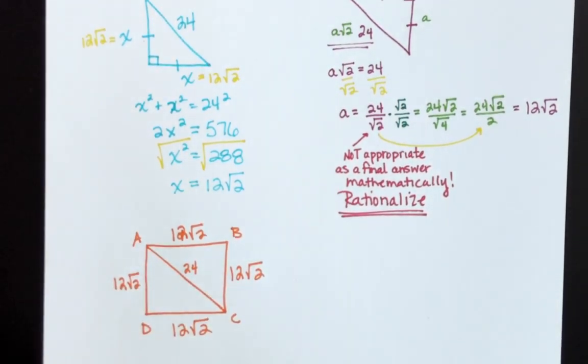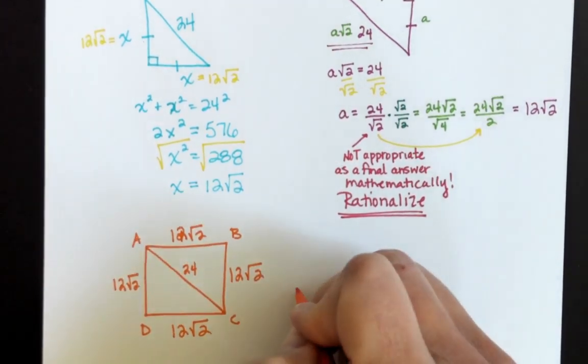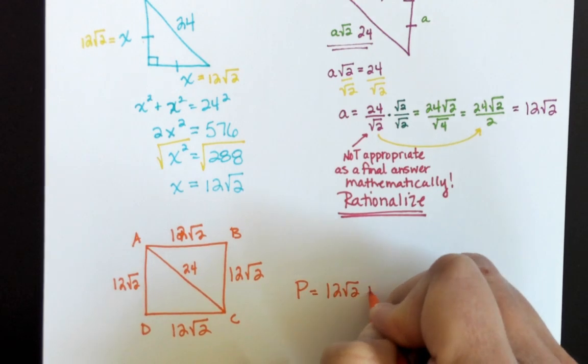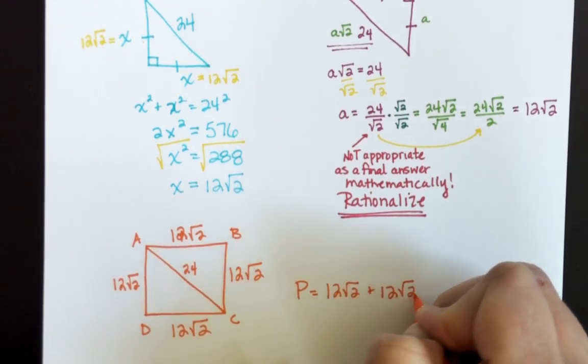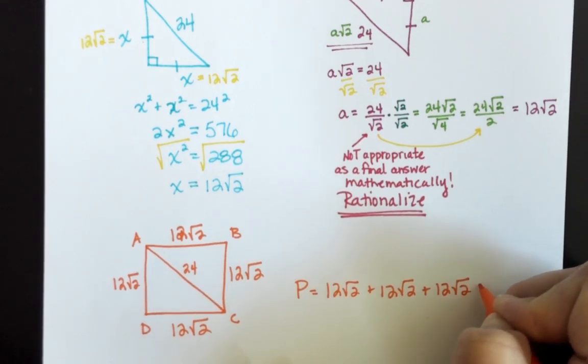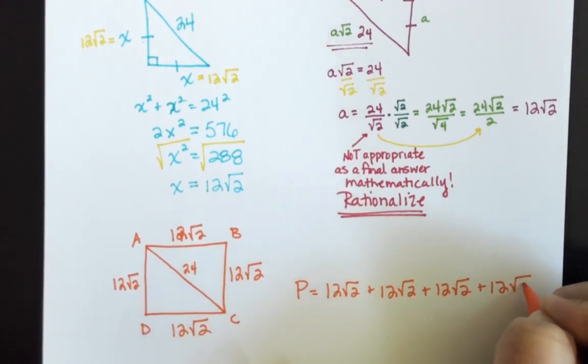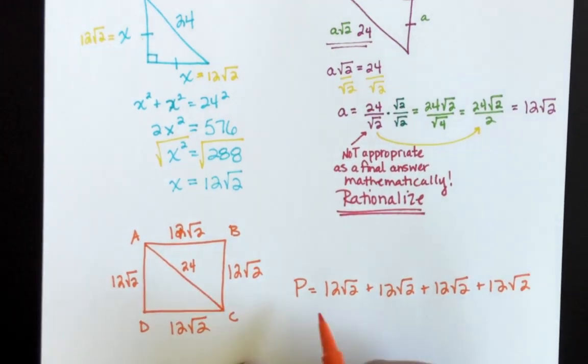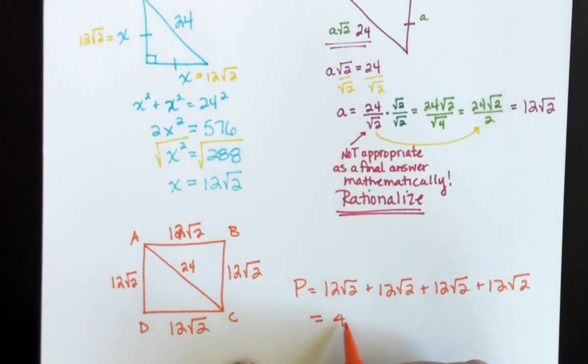So if we want to find perimeter, we're going to take that 12 radical 2 plus 12 radical 2 plus, or you could have done times 4. Doesn't really matter. A lot of people like to associate perimeter with adding. So 4 times 12 radical 2.